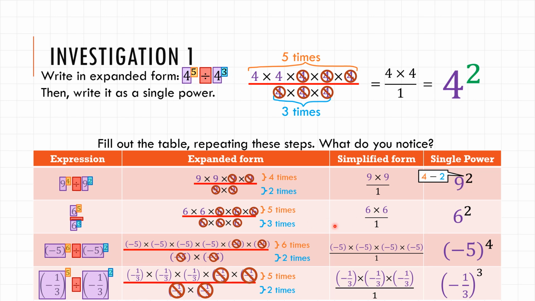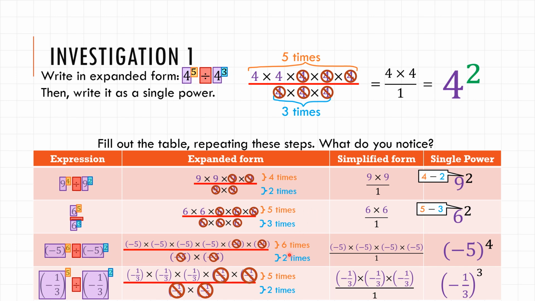Over here, we had 5 6's at the top and 3 at the bottom. So if we're removing 3 from the top, because that's how many will cancel out, well, won't we always end up doing 5 minus 3 to get 2 as well? Doesn't this number represent how many are left over after we cancel them out?